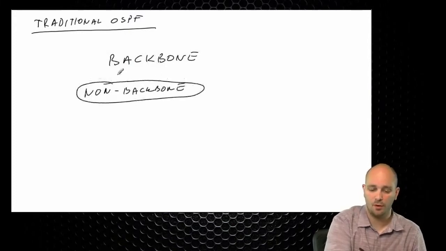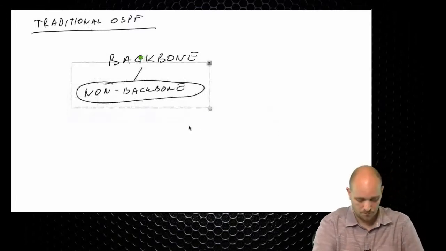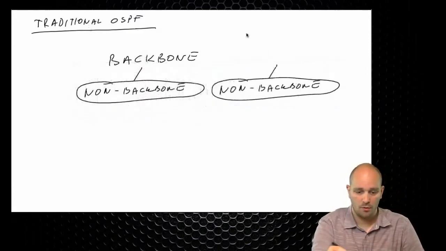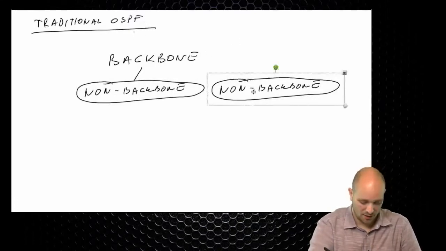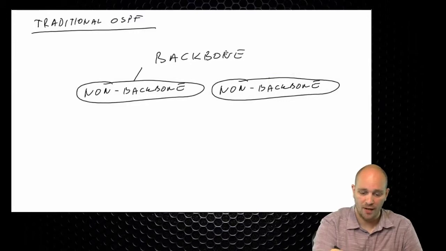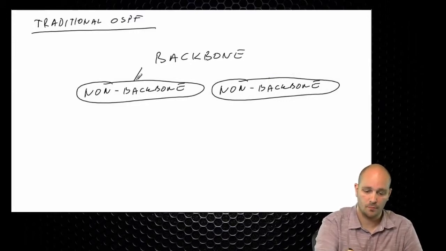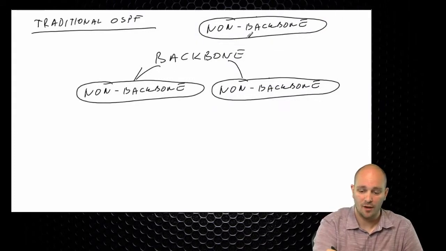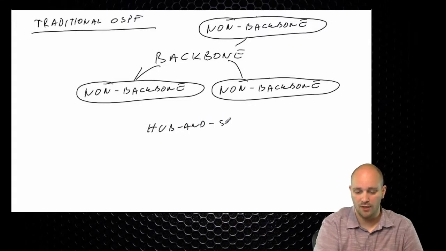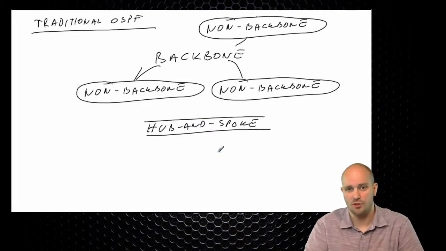So if you had multiple non-backbone areas, they would all need to connect to the same backbone area. This would need to connect here, this would need to connect here, and let's say that we had another area here that would need to connect to that backbone area. Why? Because we need to have that hub and spoke communication between the areas, right? So this is in traditional OSPF.